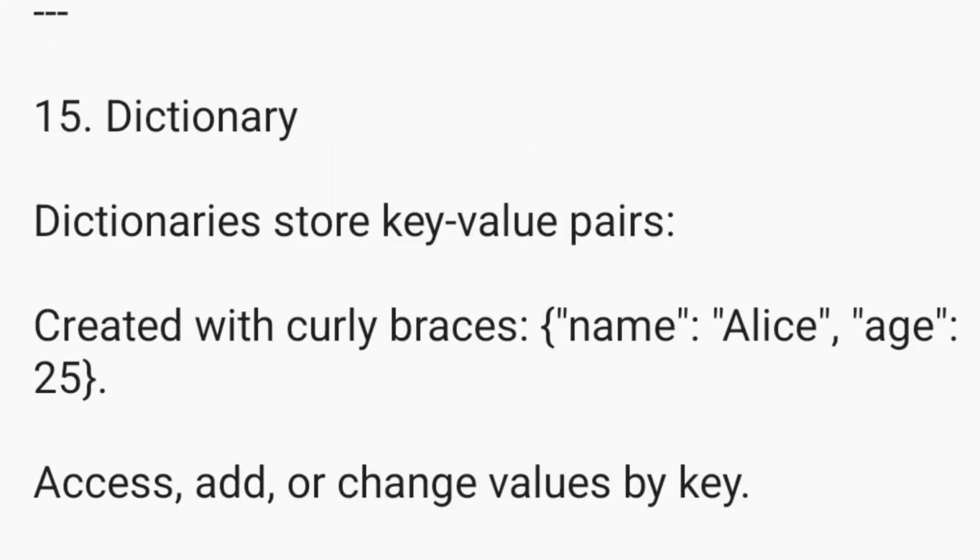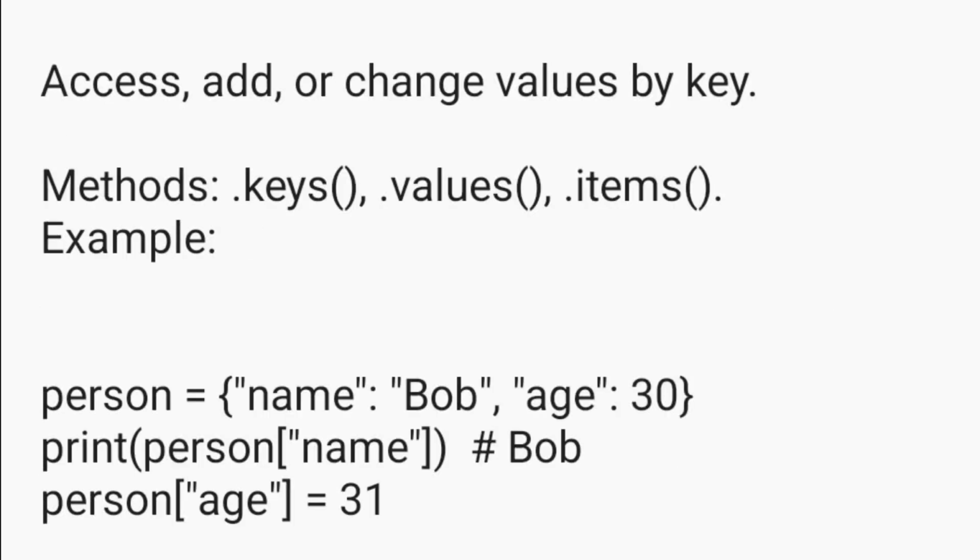Dictionary. Dictionaries store key-value pairs. Created with curly braces: {"name": "Alice", "age": 25}. Access, add, or change values by key. Methods: keys, values, items. Example: person = {"name": "Bob", "age": 30}, print(person["name"]) gives Bob, person["age"] = 31.